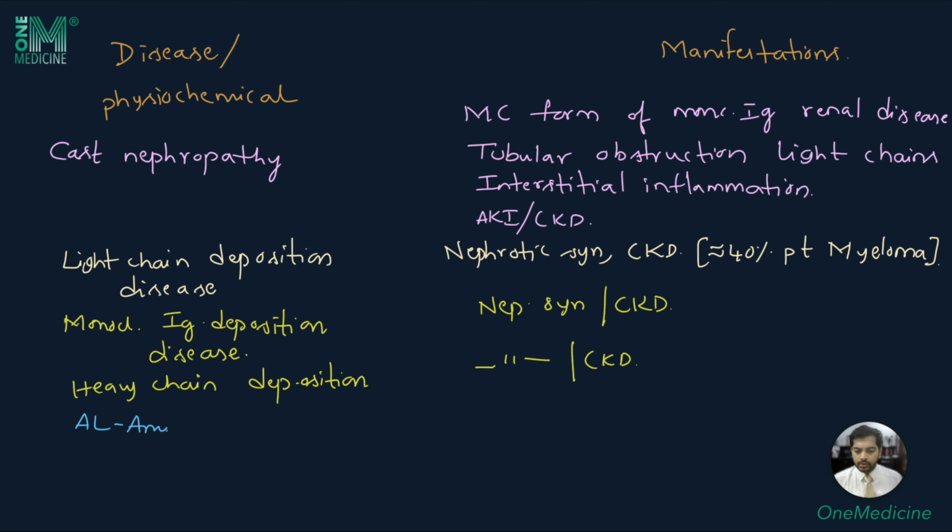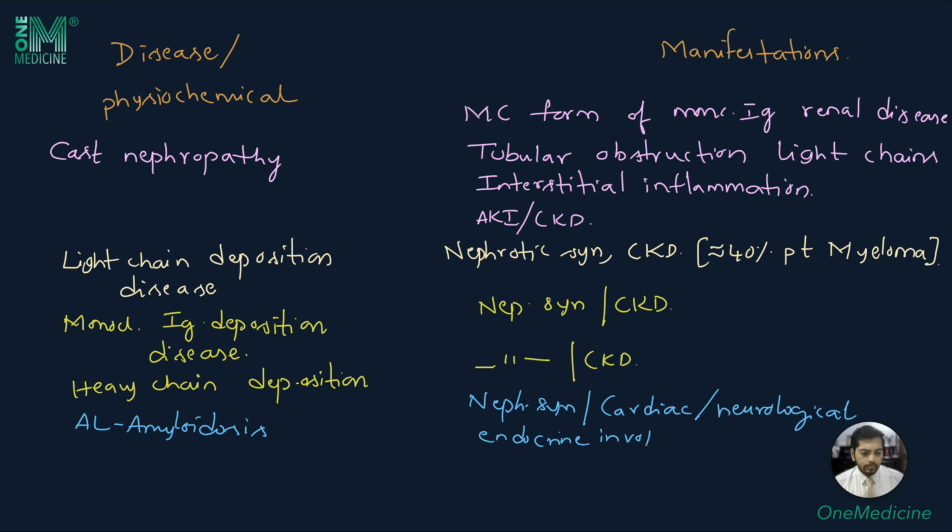AL amyloidosis can present as nephrotic syndrome with cardiac or neurological or even endocrine involvement, and approximately 10% of the patients are associated with myeloma. They also have evidence of renal tubular dysfunction such as renal tubular acidosis or nephrogenic diabetes insipidus.